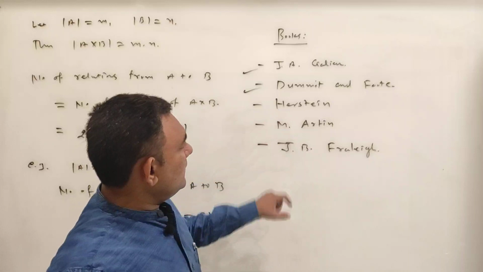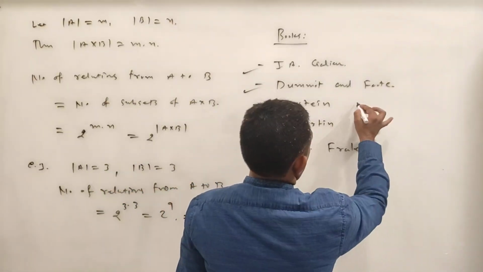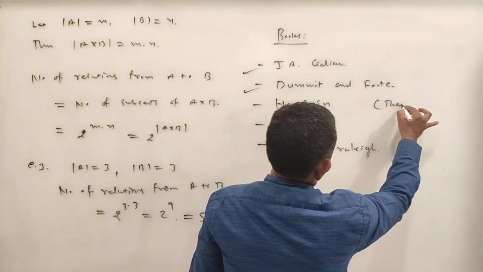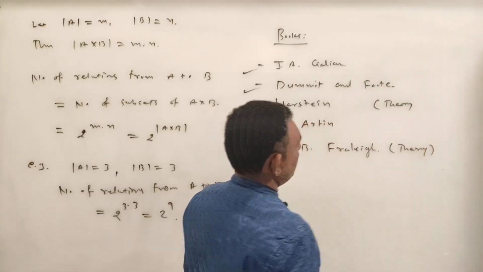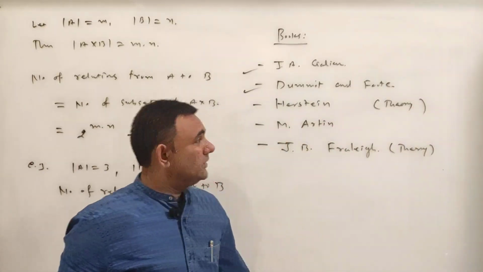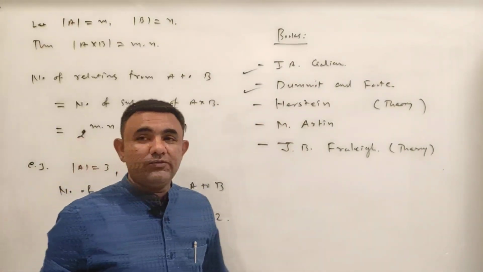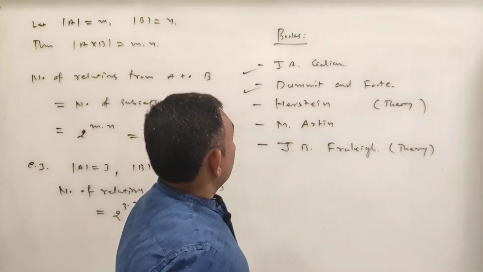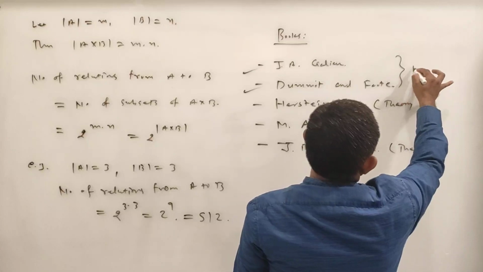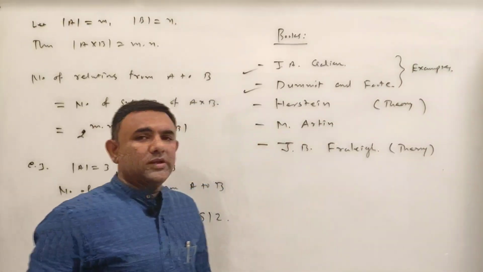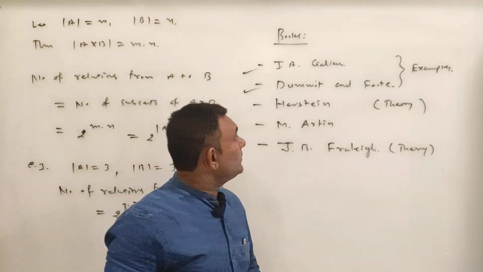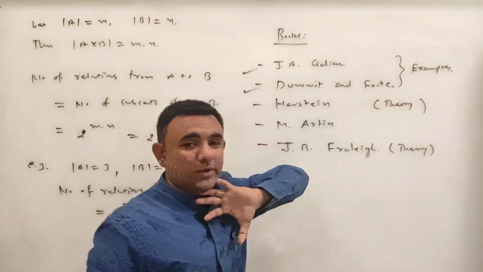And Fraleigh and Herstein are for the theory part. If you want to recall or revise the theory, then you go for Herstein, Fraleigh. And these two books are from the examples point of view. There are so many good examples given in Gallian and Dummit and Foote.